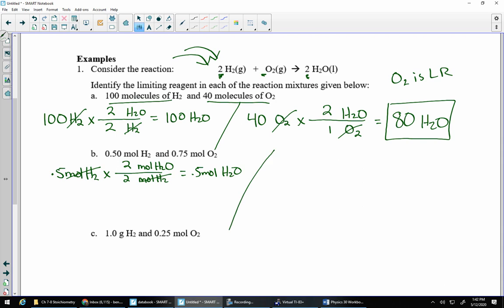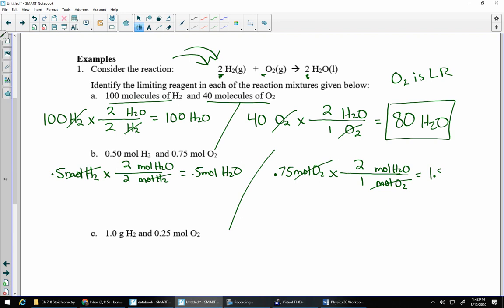Excellent. Okay, let's try out the next piece here. 0.75 moles of oxygen. I'm going to use my mole ratio to cancel out moles of oxygen, and I want to end up with my product, moles of H2O. It was 2 waters for every 1 oxygen, so in this case I'm going to multiply by 2 over 1.